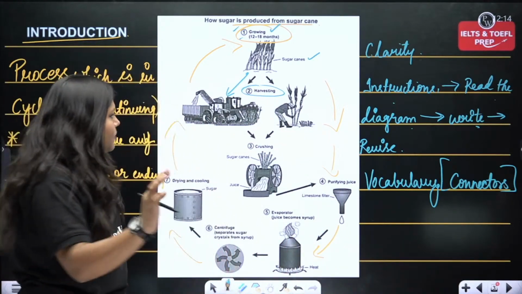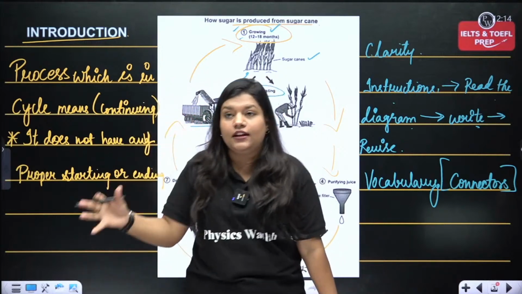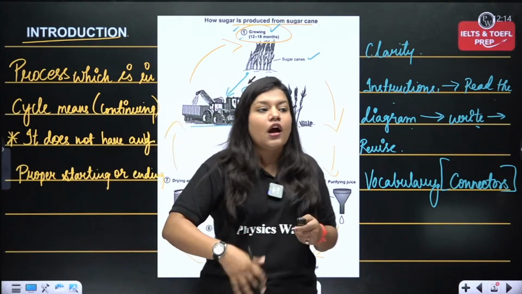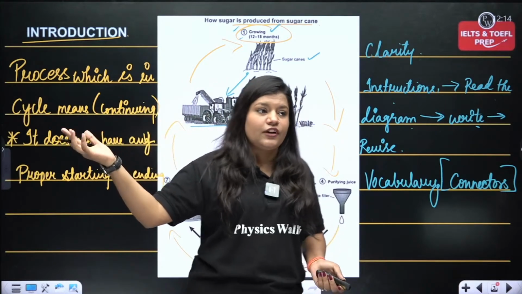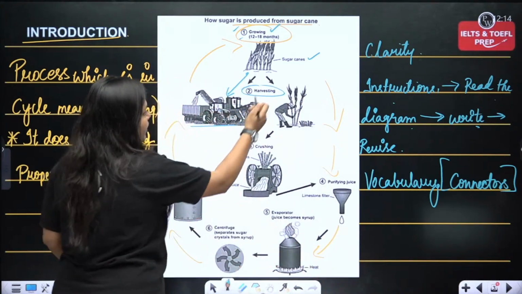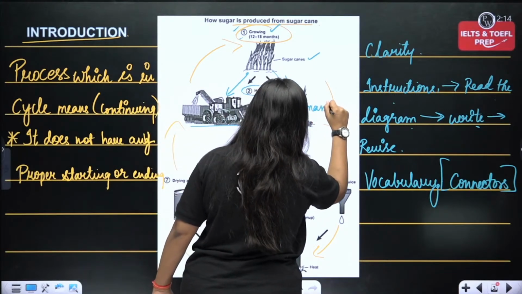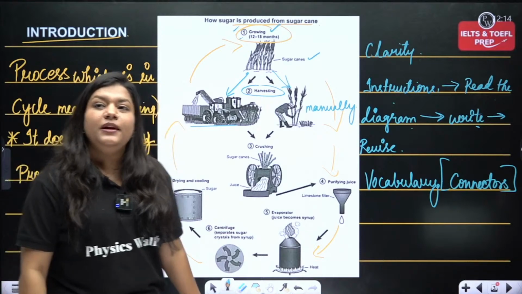So it's not important for you to write a clear description. If the diagram doesn't say how a particular process is happening, do not focus a lot on writing about that particular thing. It's going to be a total waste of time and energy. One is being done manually and one is being done by machine.